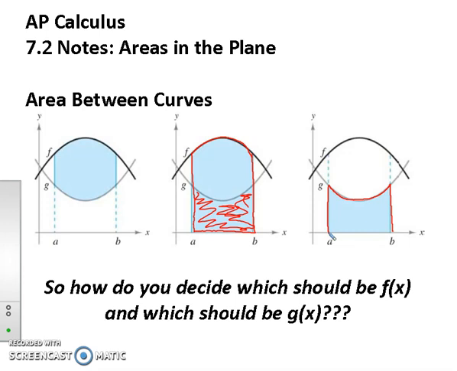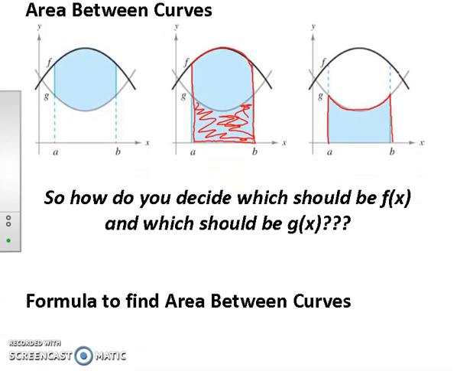The question is, though, how do you decide which one should be your f of x function and which one should be your g of x function? Well, the one that has the most area underneath it from it to the x-axis is the one that should be the larger one, and then you subtract the one that's closer to the x-axis.